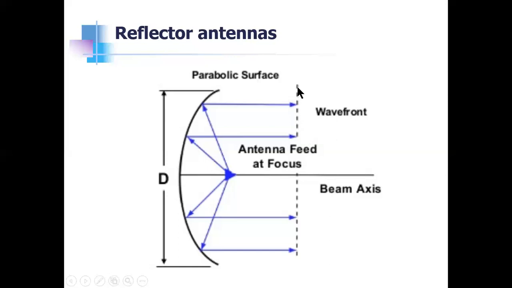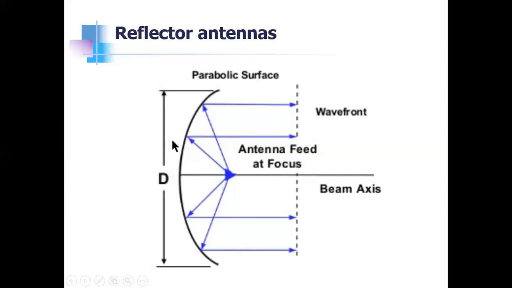So this is the parabolic axis, and this is the plane perpendicular to it. The distance traveled by any ray coming from the feed and reflected from this parabolic surface to this wavefront is the same for any ray emanating at any angle from the feed. Those are the different characteristics of this parabolic antenna.